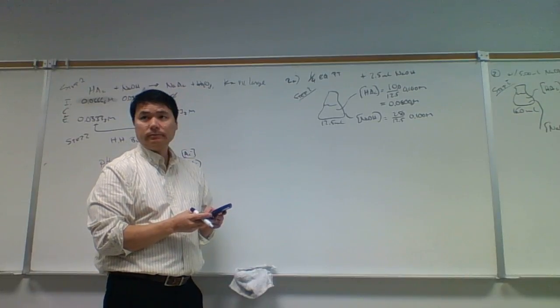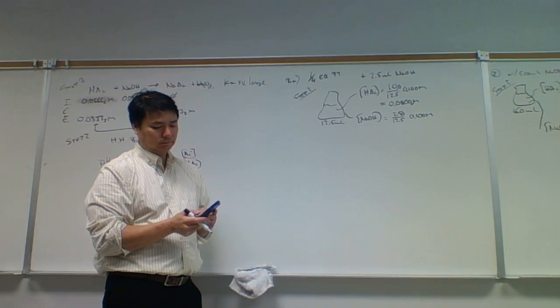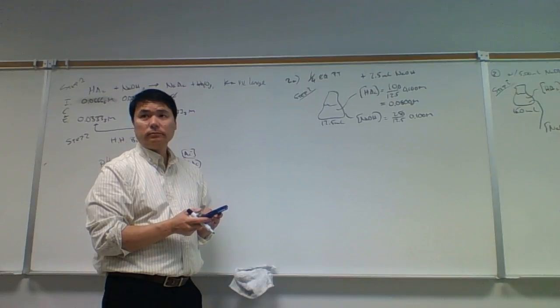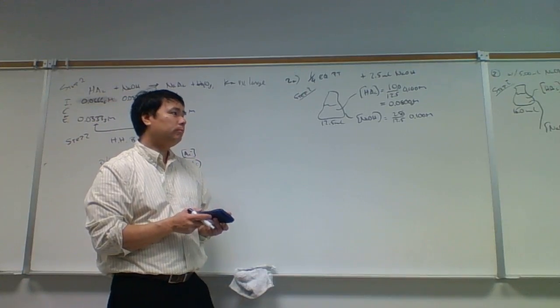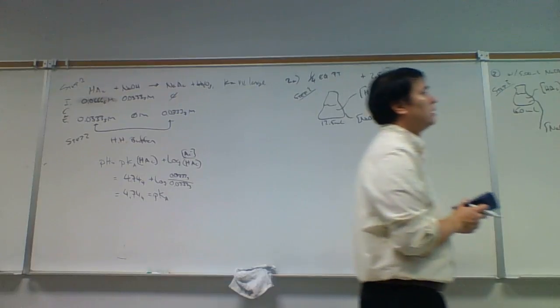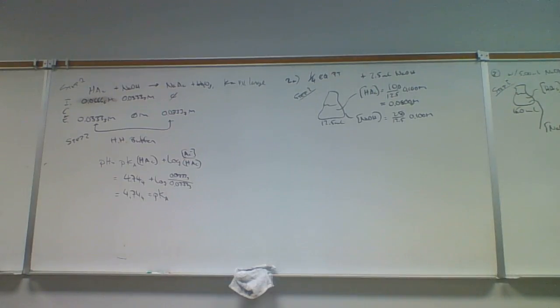Professor, why do we have to find the pH within the buffer region? What's the point of that? The point of that is so we can map out the curve. You know, so for example, where is the curve here? The point of this is being able to predict.